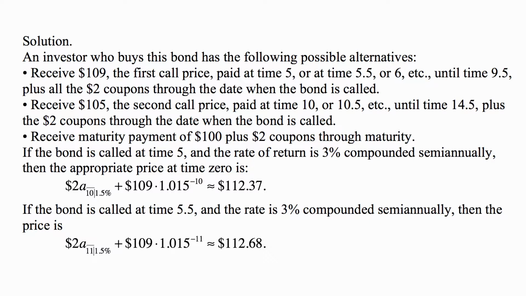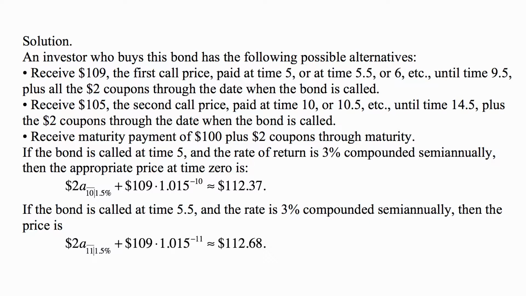If the bond is called at time 5 and the rate of return is 3% compounded semi-annually, so really 1.5% per half a year, then the appropriate price at time 0 is $2, paid as an annuity over 10 years at 1.5% plus 109 discounted also at 1.5%, and that's 112.37.